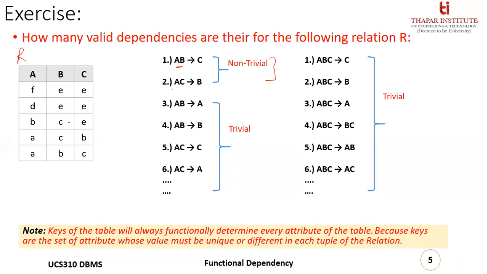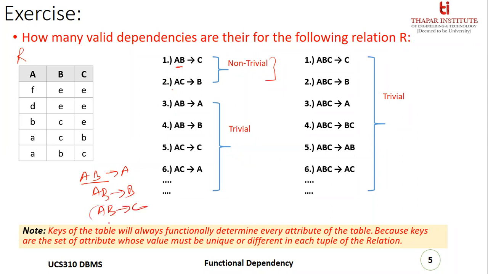But in this table, you can realize that if a set of attributes uniquely determines the other attributes, then we can consider these as key attributes. For example, AB can determine A, can determine B, and can determine C for this example.